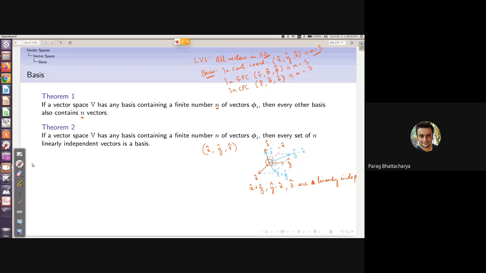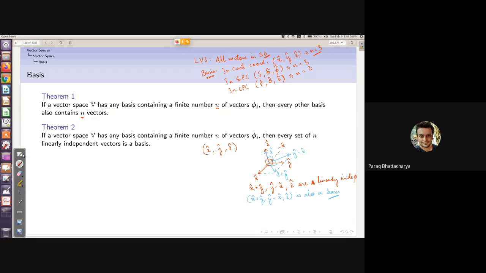So what the second theorem says is, it need not be that this is the only basis. You can take any linearly independent set. For instance, this is a linearly independent set. So here, x cap plus y cap, y cap minus x cap, z cap is also a basis.